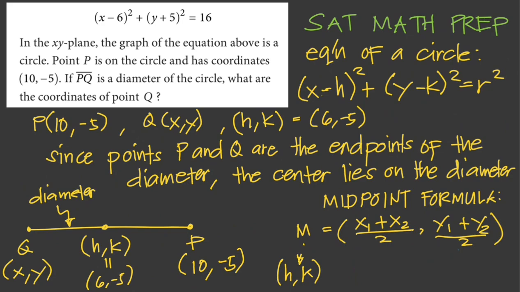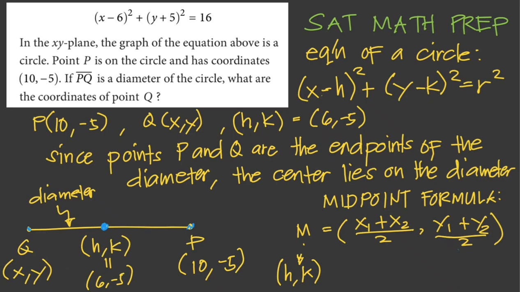Since points P and Q are the endpoints of the diameter, because it's stated in the problem that PQ is the diameter of the circle, and the center lies on the diameter, therefore the center of the circle is the midpoint of segment PQ.